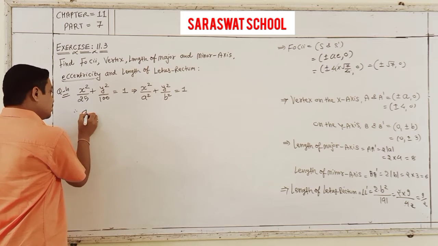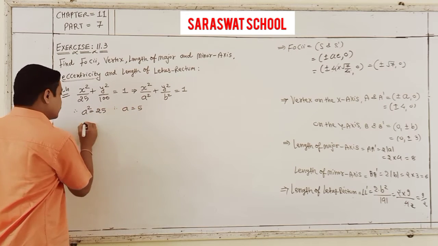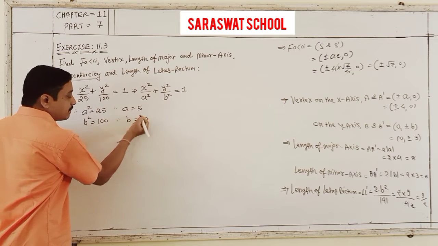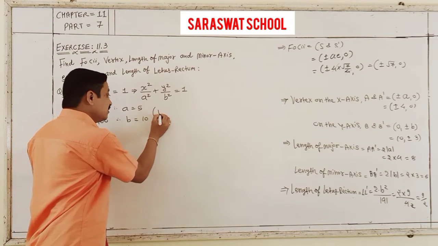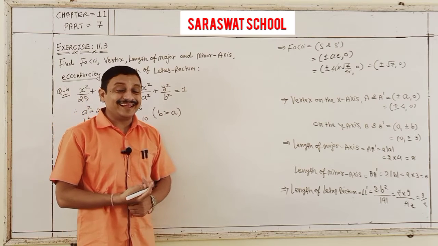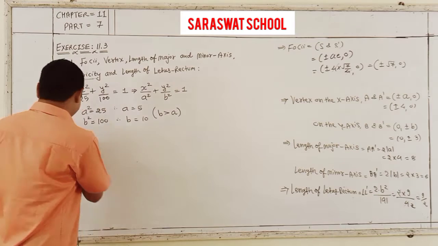You will get a square 25, sure, a is 5. b square 100, b is 10. 5 square is 25 and 10 square is 100. Now check. What is the highest? b is higher than a. So the major axis is along the y-axis now. Yes.